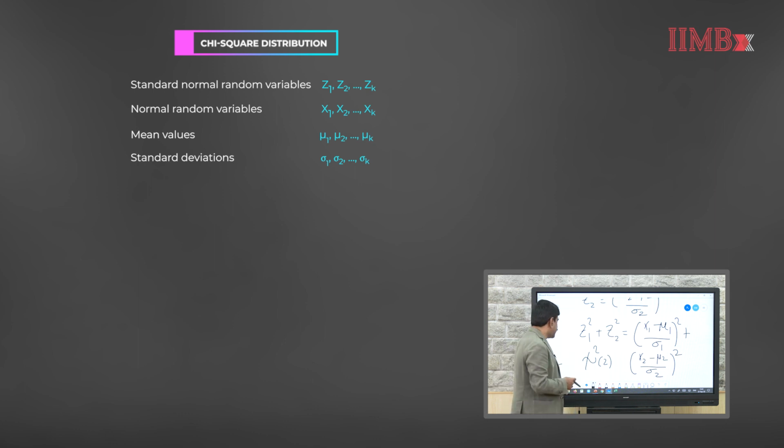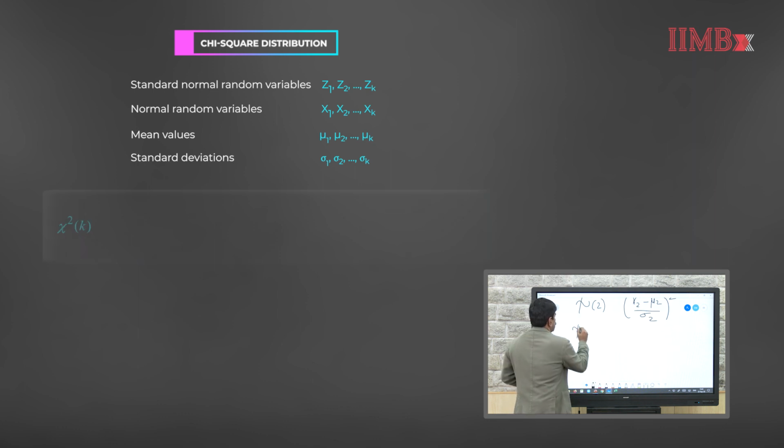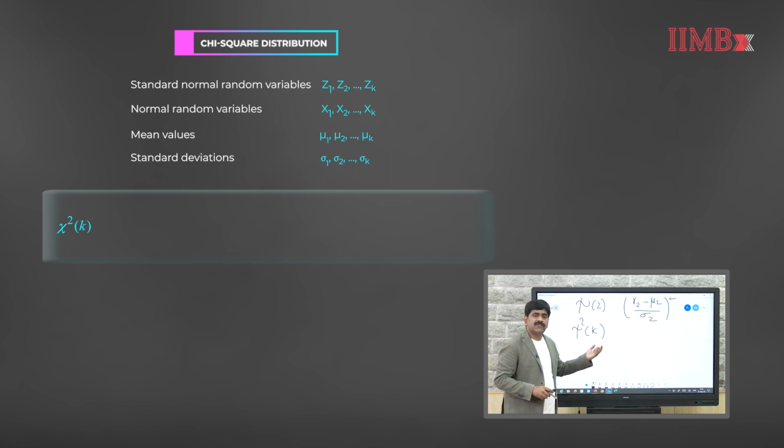That is, I can write in general the chi-square k distribution, chi-square k. So here k is the degrees of freedom.